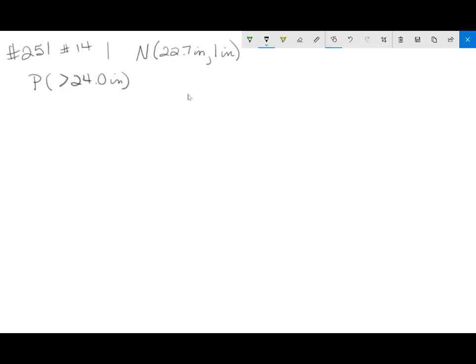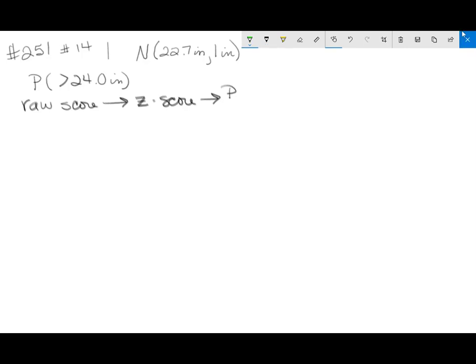Now we can do our problem. The first thing we need to do is turn this into a z-score. Remember, we have a raw score, we turn it into a z-score, and then we can find the probability either using the table or using StatCrunch.